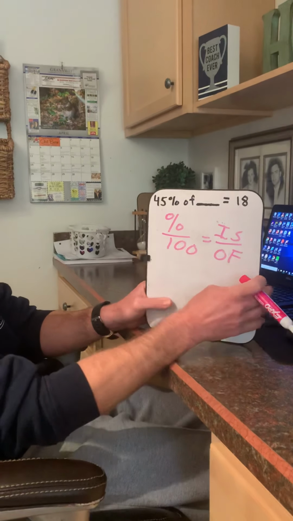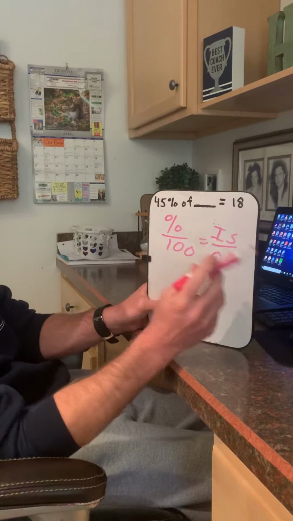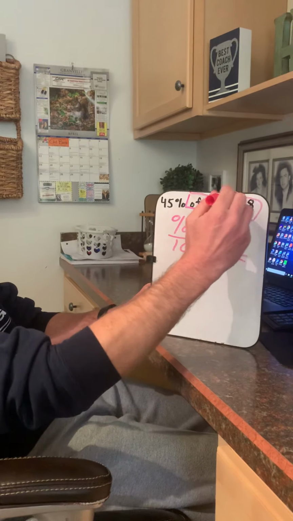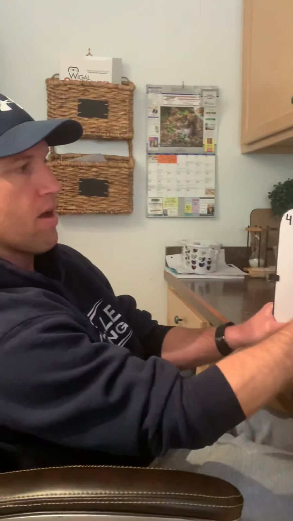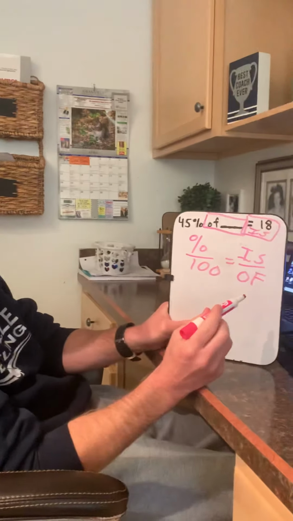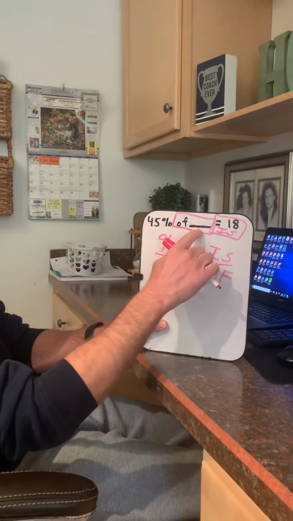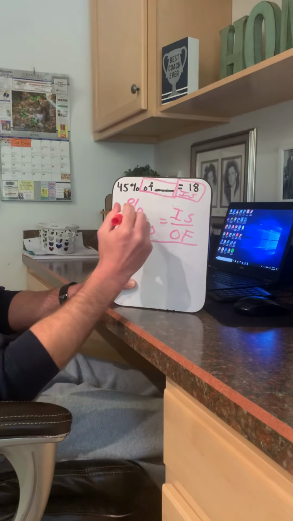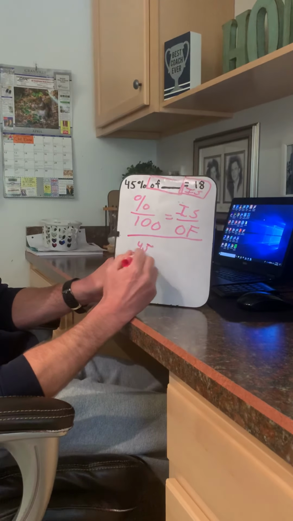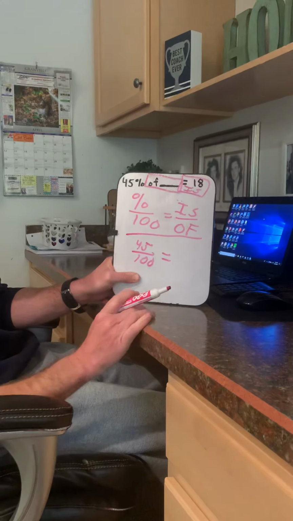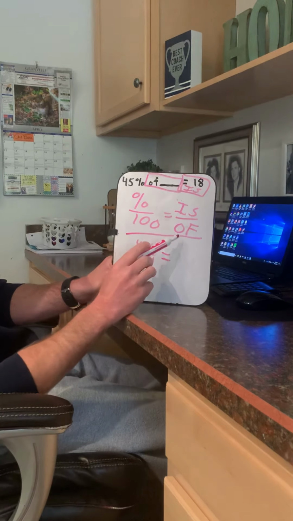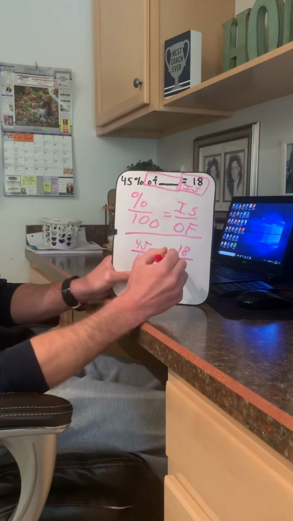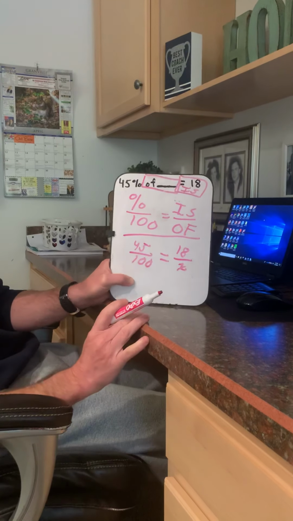Anyway, we can use this little formula to solve this. This right here is my of part, and this right here is my is part, because it's 45% of blank is 18. So let's put our numbers into our formula. Percent over 100 is 45 over 100 equals is over of. The is part is 18, and the of is what I don't know, so I'm going to put a variable there, like x.